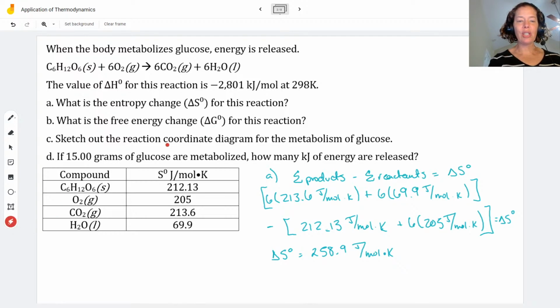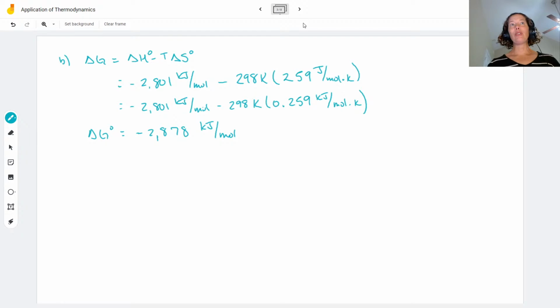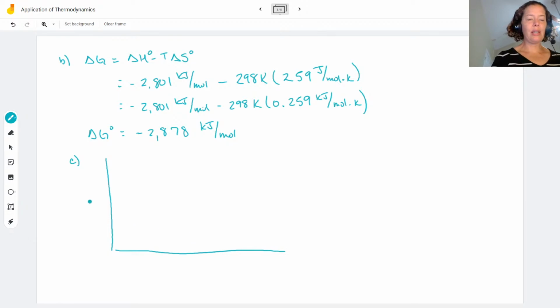So that's delta G. Sketch out the reaction coordinate diagram for the metabolism of glucose. Okay, so this is where we just need to specify that it's exothermic. We'll need to show delta H, and if we want, we can also show our activation energy too. Our reaction coordinate is going to be energy on the y-axis, and this is increasing as you move up the y-axis.